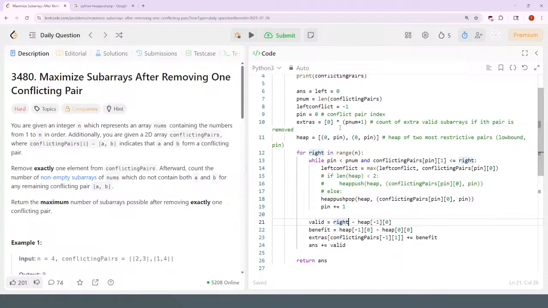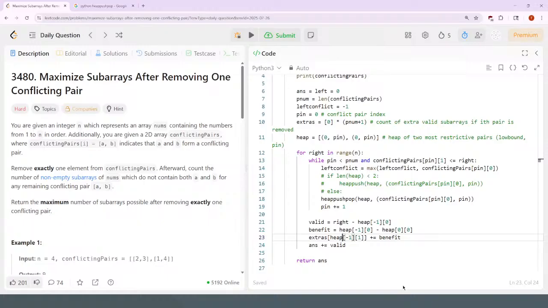Do I even need the extra pin? Because that thing never gets... No, I do, so I might still index into that spot. To extras, conflicting pairs. I think this is wrong. This should be using the heap. What am I doing?